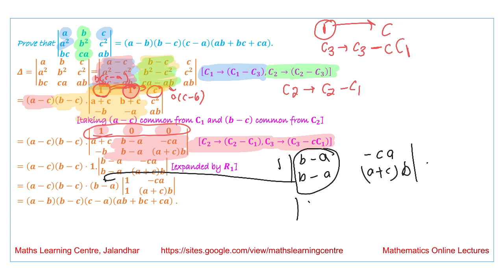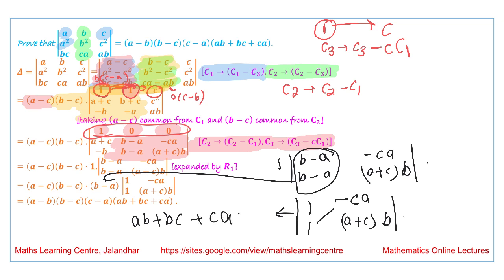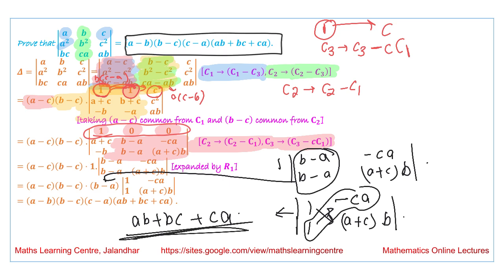So we are left with 1, 1 minus CA, A plus C into B. When we open this determinant, you will get AB plus BC plus CA. These terms are cross multiplied over here. So we get AB plus BC plus CA. And this is what we have to prove, that it is A minus B into B minus C into C minus A into AB plus BC plus CA.